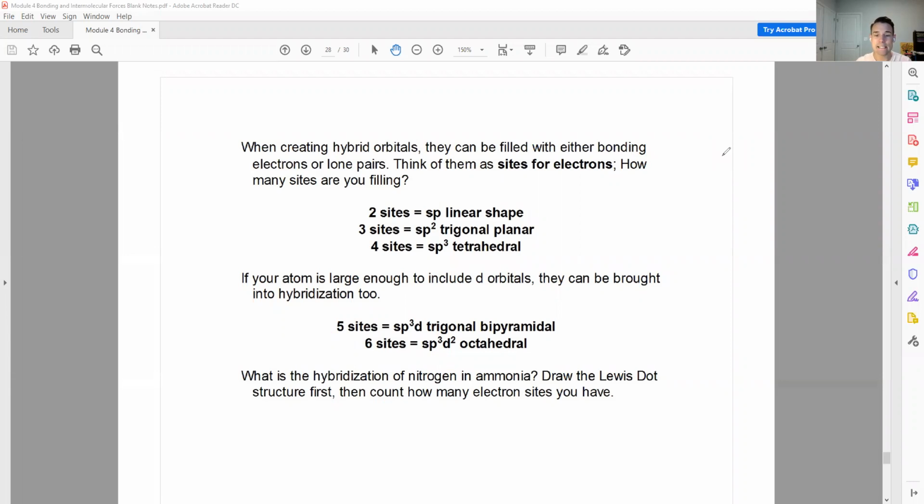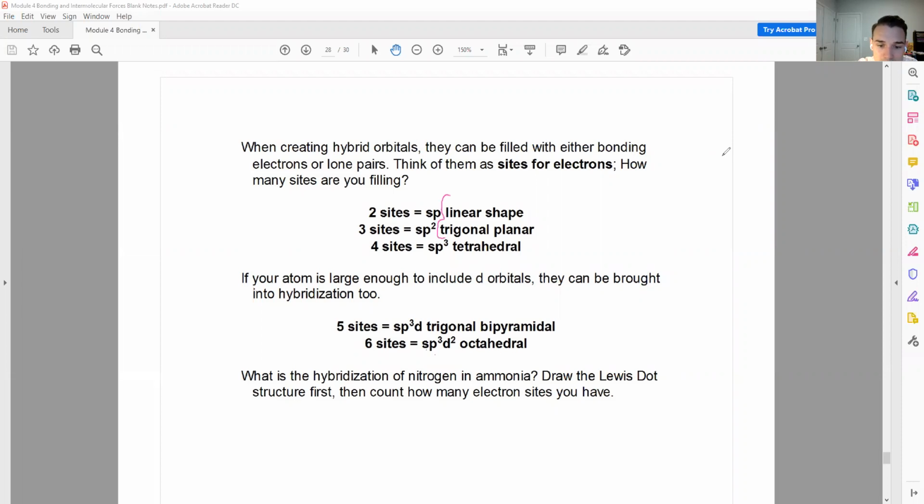And depending on how many sites, that will be what your hybridization is. So if you have 2 sites, it's going to be sp hybridized, 3 sites sp2, 4 sites sp3. If you're breaking the octet rule, it will have 5 or 6 sites. 5 sites is sp3d, 6 sites sp3d2.